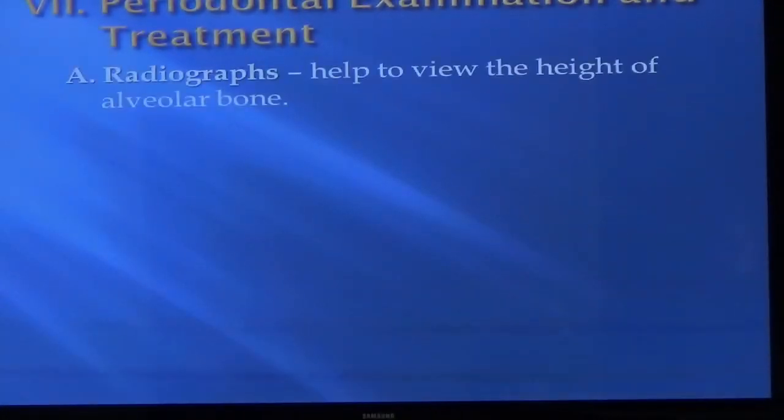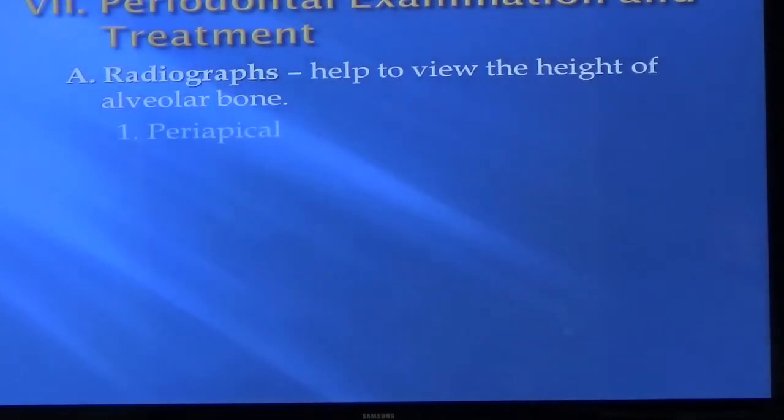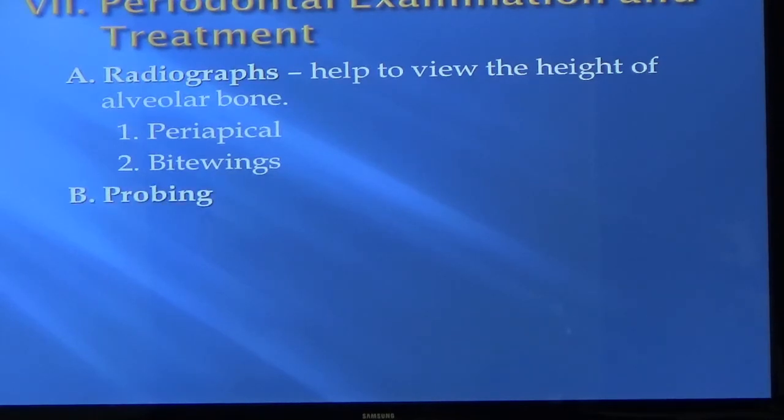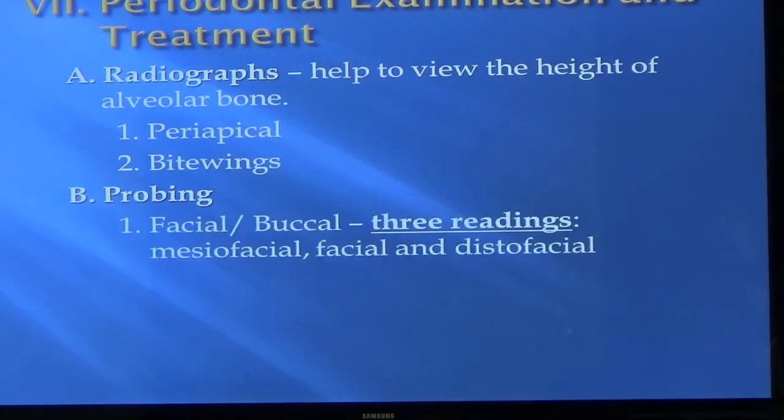Periodontal exam and treatment: you take radiographs. It's going to help you see the height of the alveolar bone. You take a PA, a periapical, and bite wings. Sometimes if they have advanced bone loss, we take vertical bite wings. Instead of having the bite wing this way, we take it vertical because it's going to give us more information. We probe.